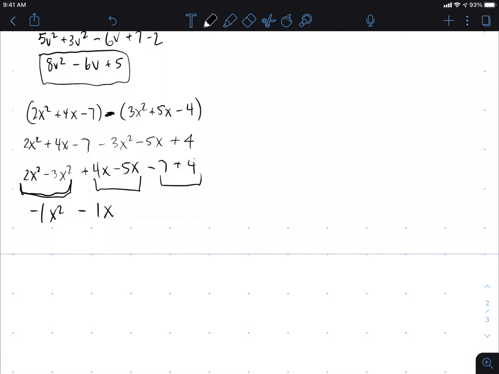And what about that piece? -3. Should be a negative 3. And so this is my solution to this one. The thing to be careful about here is this negative in front of the parentheses distributes because that negative is multiplying with everything in that parentheses.